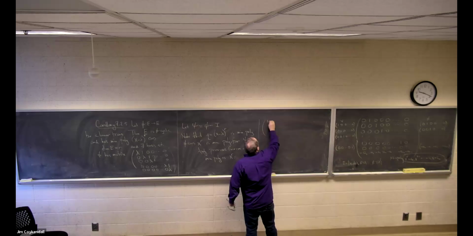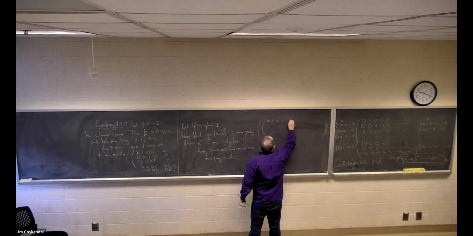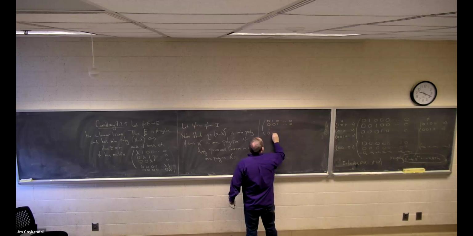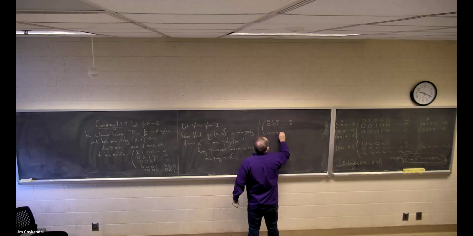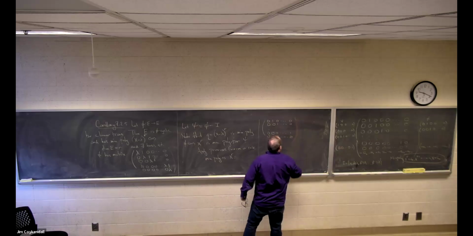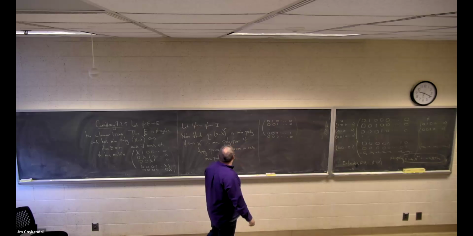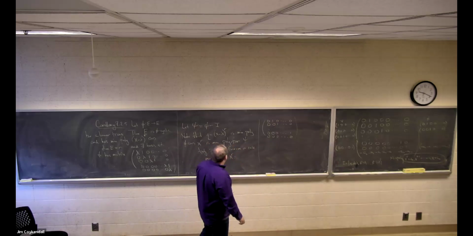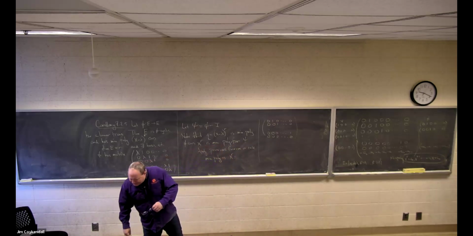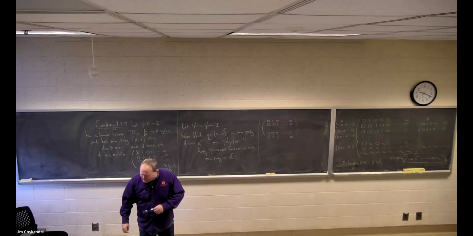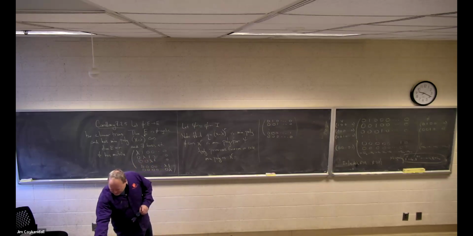So the matrix looks like this: 0 1 0 0, 0 0 1 0, 0 0 0 1, and 0 0 0 0. Oops, I mistook my notes, but that's it.